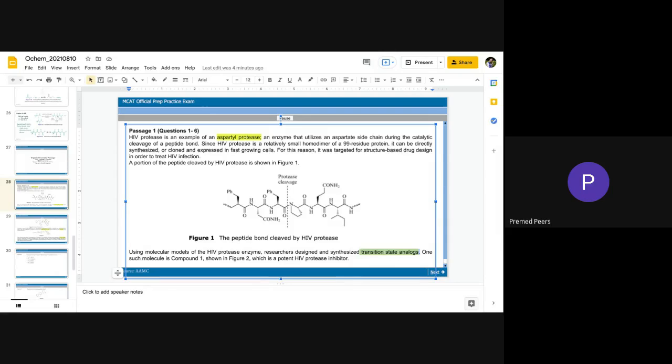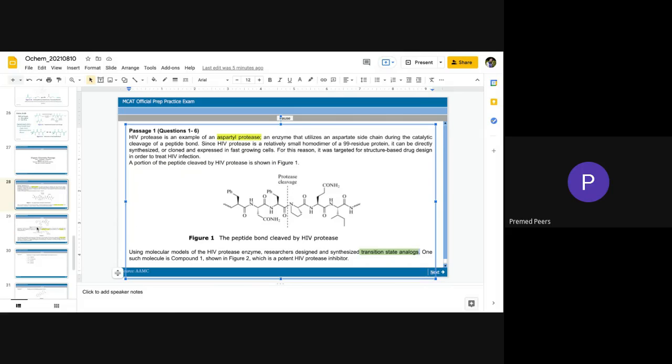It's the state that has the greatest affinity between the enzyme and the substrate itself. That means this protease cleavage site is binding very strongly, or at least it's the strongest moment for that protease.